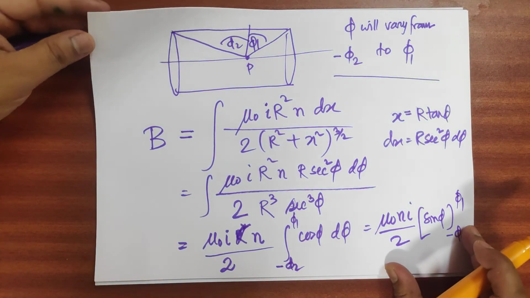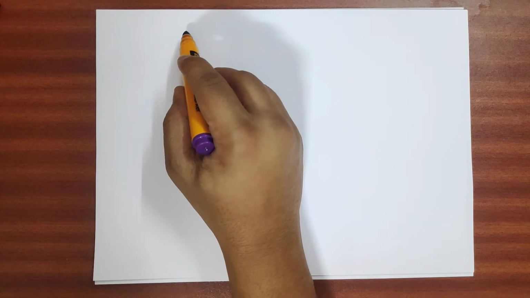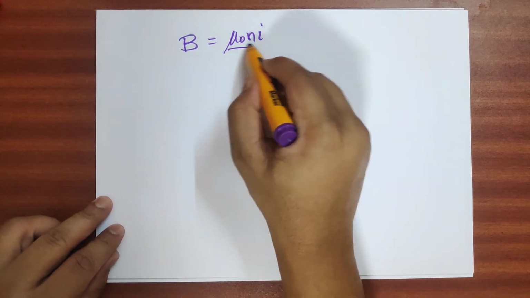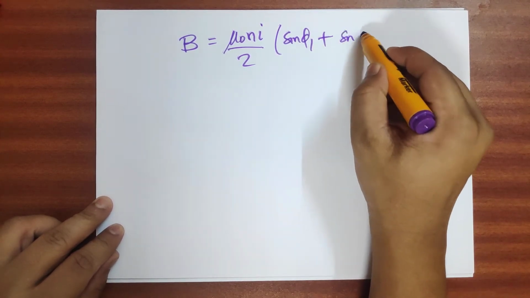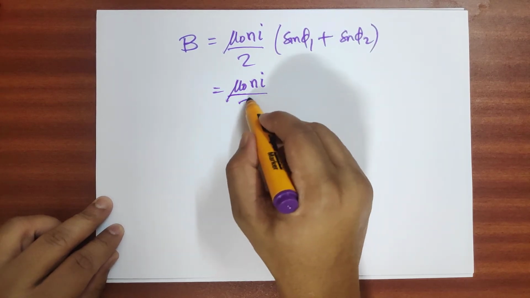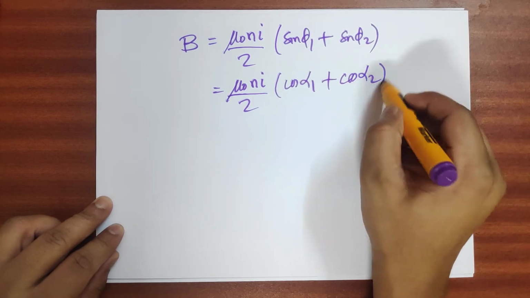So if you put the limits, then you get B is equal to mu 0 ni by 2 (sin phi 1 plus sin phi 2), or you can write mu 0 ni by 2 (cos alpha 1 plus cos alpha 2).